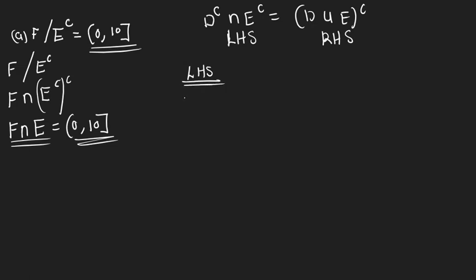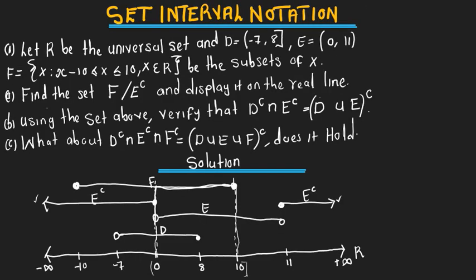So we have D complement. Okay, we have D complement and then we are intersecting it with E complement. Okay, D complement intersection E complement. Okay, so let's try first of all to go on the real line.